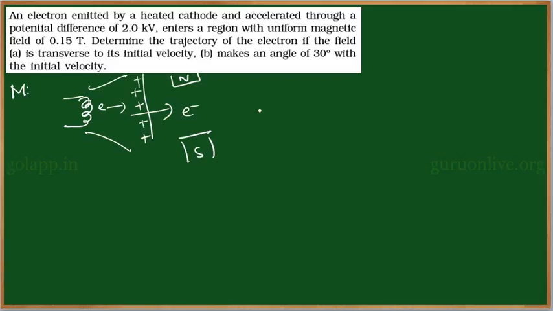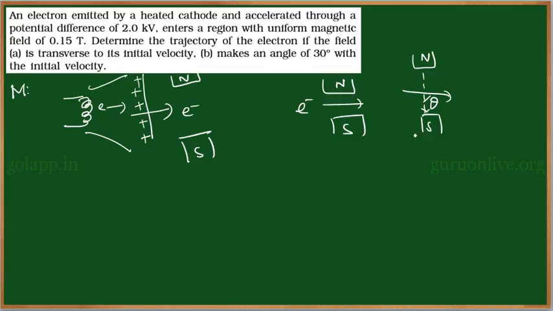That is our motive. Two cases are discussed here. One is an electron traveling transverse to the magnetic field like this, or it is making some angle with the field. So in these two cases we need to discuss the trajectory of the electron. Now I am coming to the investigation part.